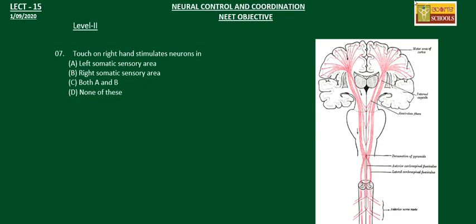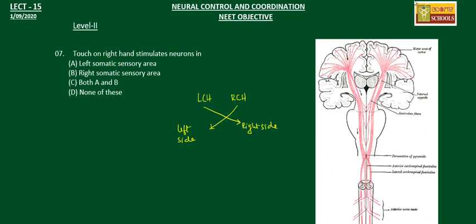The next question: touch on the right hand stimulates neurons in. So here, the left cerebral hemisphere and right cerebral hemisphere. The left cerebral hemisphere controls the right side of the person, whereas the right cerebral hemisphere controls the left side of the person.